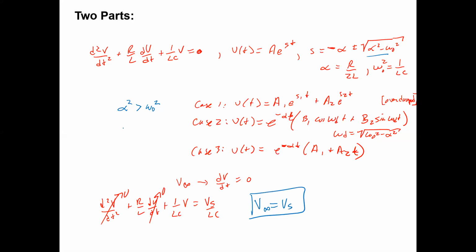Case 2 is when alpha squared is less than omega 0 squared. And case 3 is when alpha squared equals exactly omega 0 squared. Yeah, you're just comparing those two values. Thanks, good question.